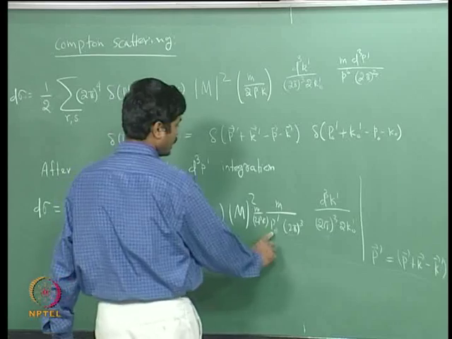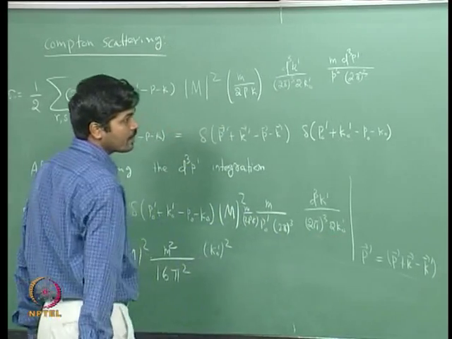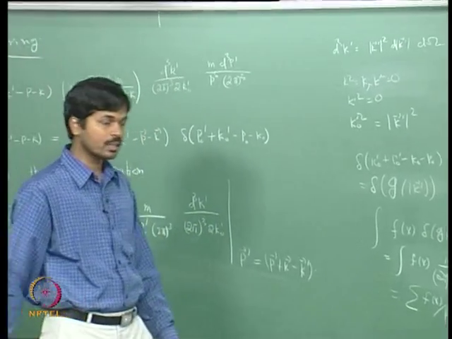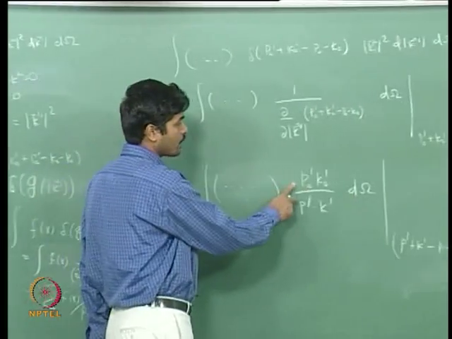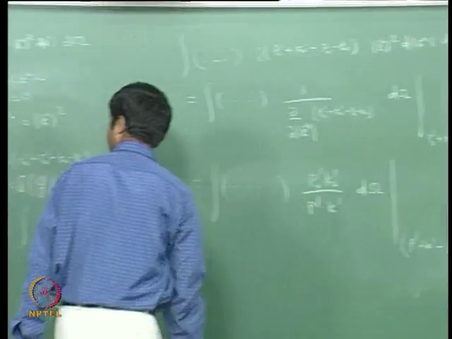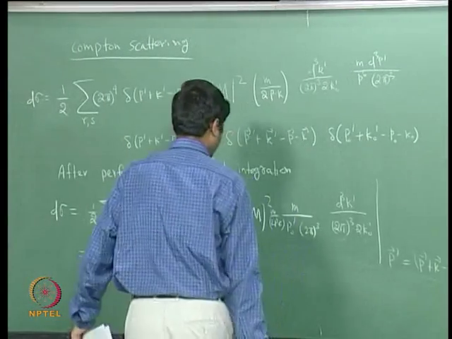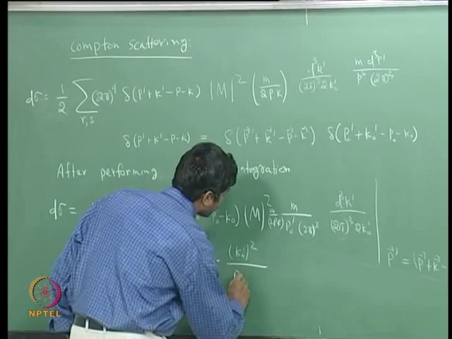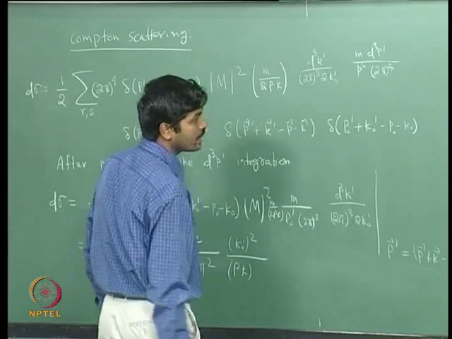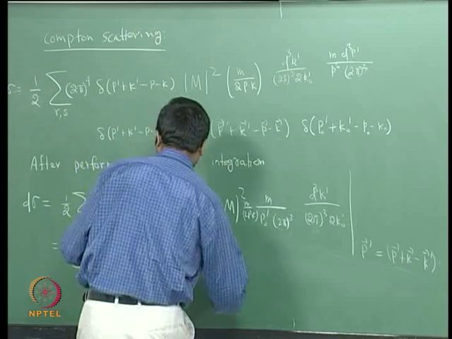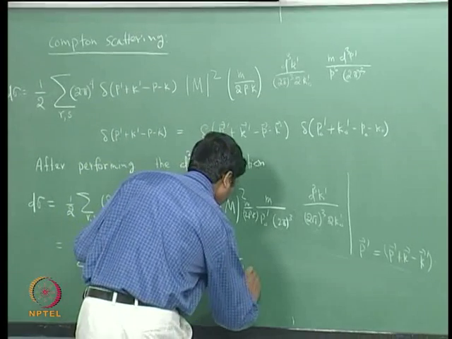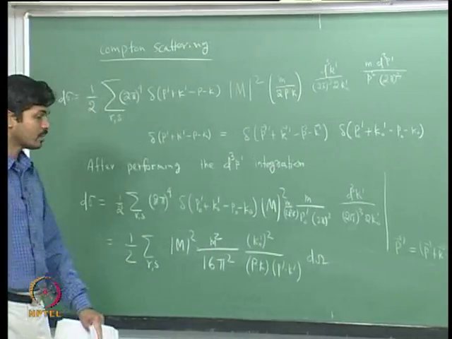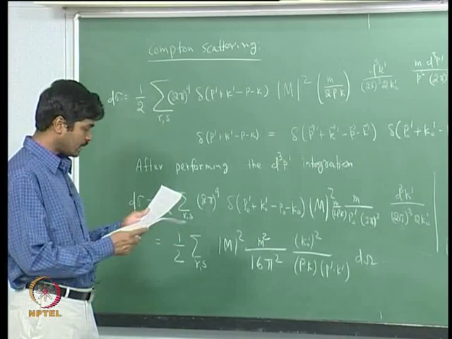And then there is a p0 prime k0 prime, and this p0 prime k0 prime in the denominator will cancel this p0 prime k0 prime here. So, what will be left is, there is a p dot k and there is a p prime dot k prime d omega, okay. Is there anything else left out?